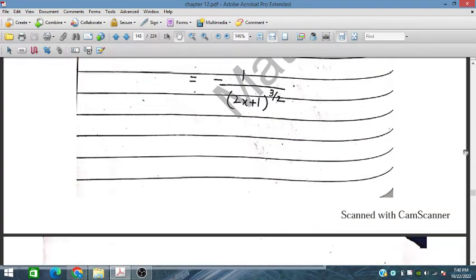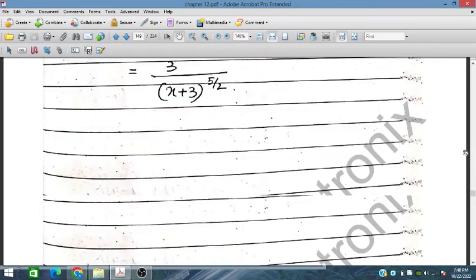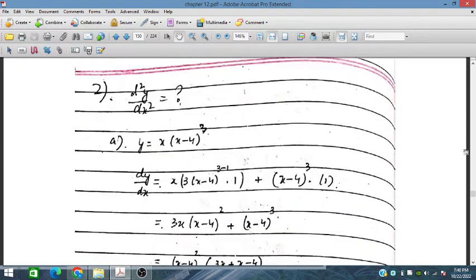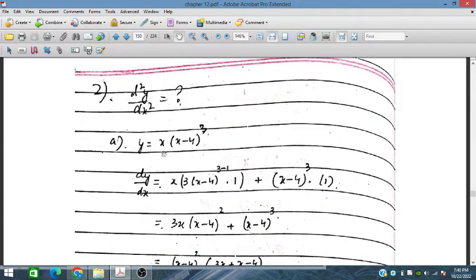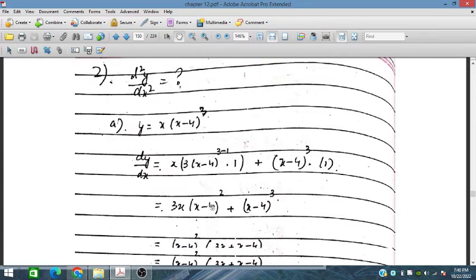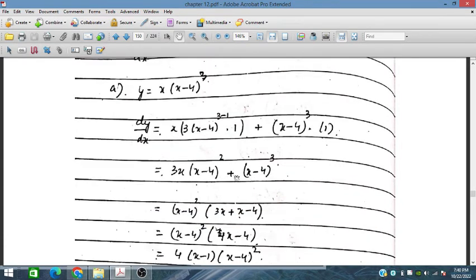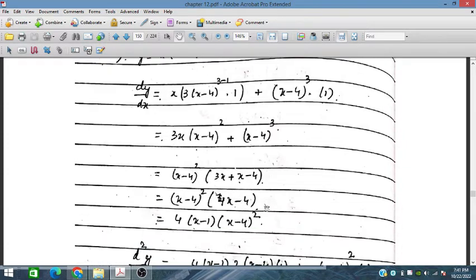This is part E. Let's move to question number 2, where we have y is equal to x times (x minus 4) power 3. This is u, this is v. So u dv by dx, and then v du by dx. So this is (x minus 4) square is common, so this is 3x, and here x minus 4, so this is 4x minus 4.